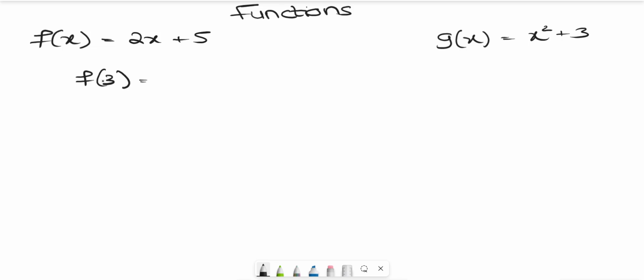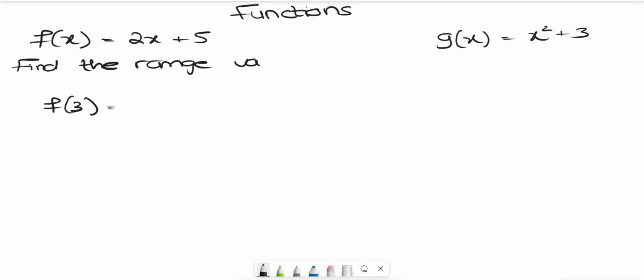The method we will use is that we will substitute the value of 3 into the equation where x is present. So we had f of x equals 2x plus 5. Find the range value f of 3.